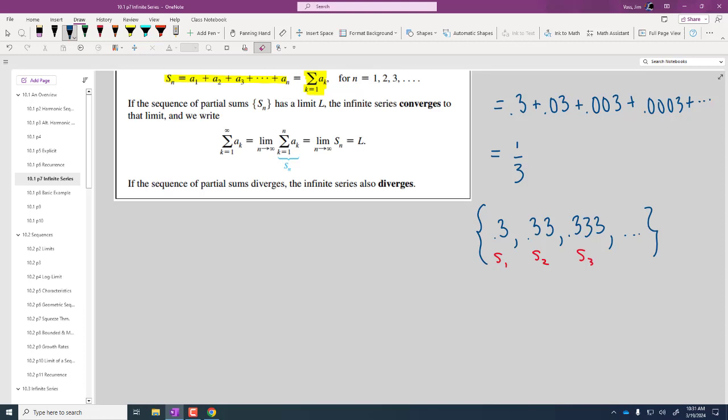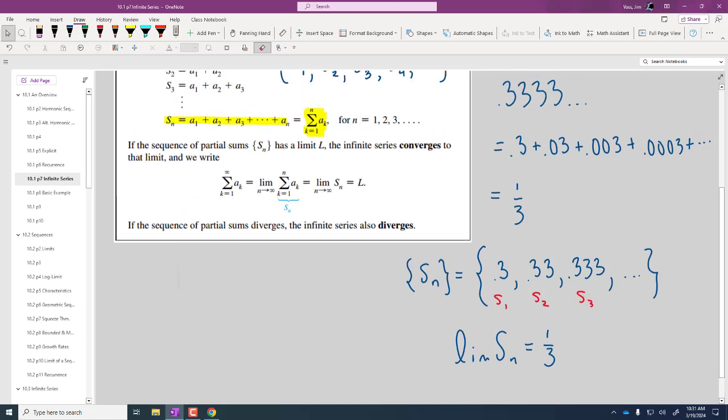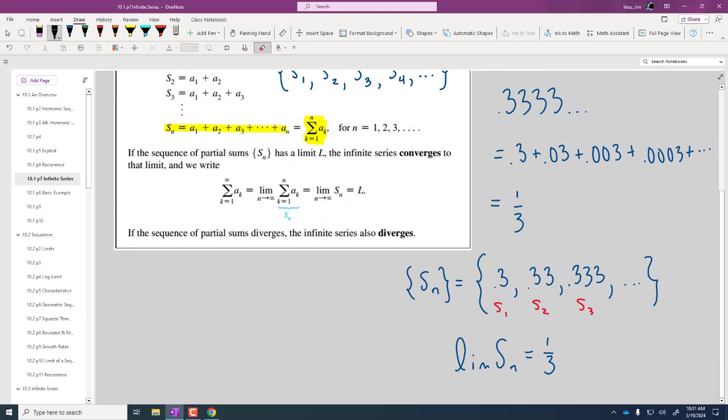There must be a limit for that sequence. If we take the limit of S sub n in this example, we get 1/3. So we would say that this series converges to 1/3 because the limit of the sequence of partial sums is 1/3.